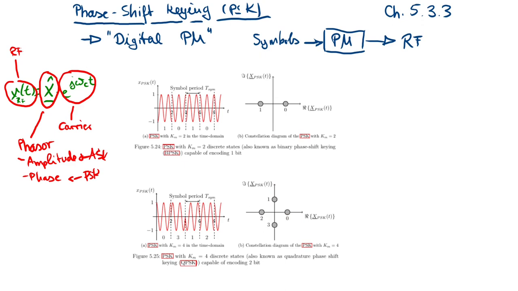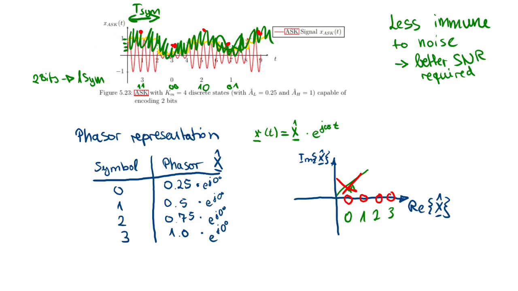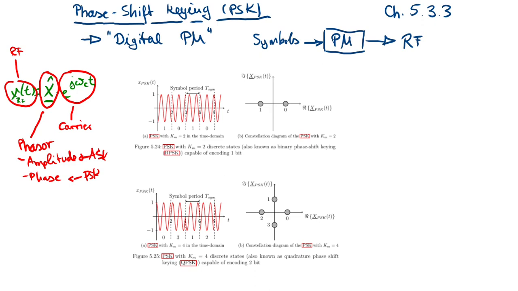But now let's start with the case of 2 states. Whereas the states for the amplitude modulation, remember the last video, were aligned on the positive side of the real axis, we have now this situation.